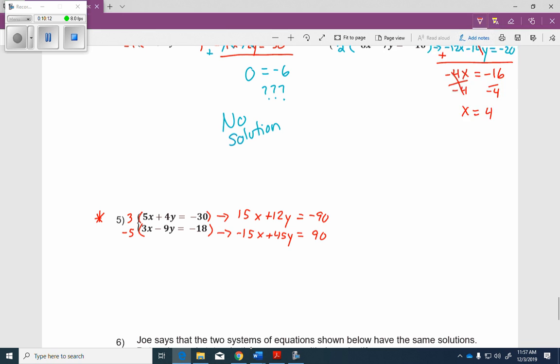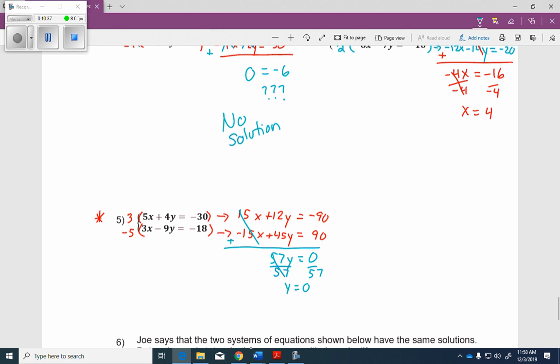Now I have opposites, so I'll add and eliminate the x's to get 57y equals 0. So when you divide both sides by 57, y is 0.